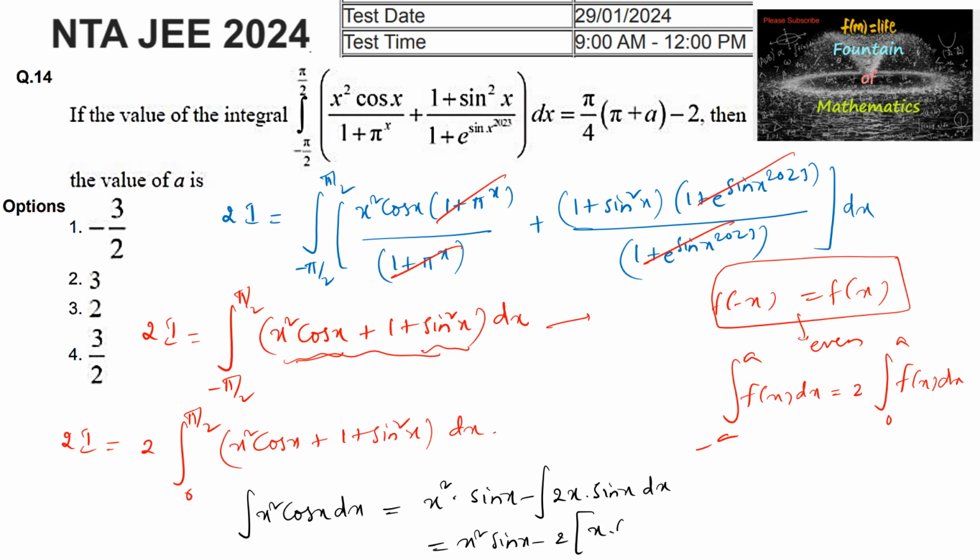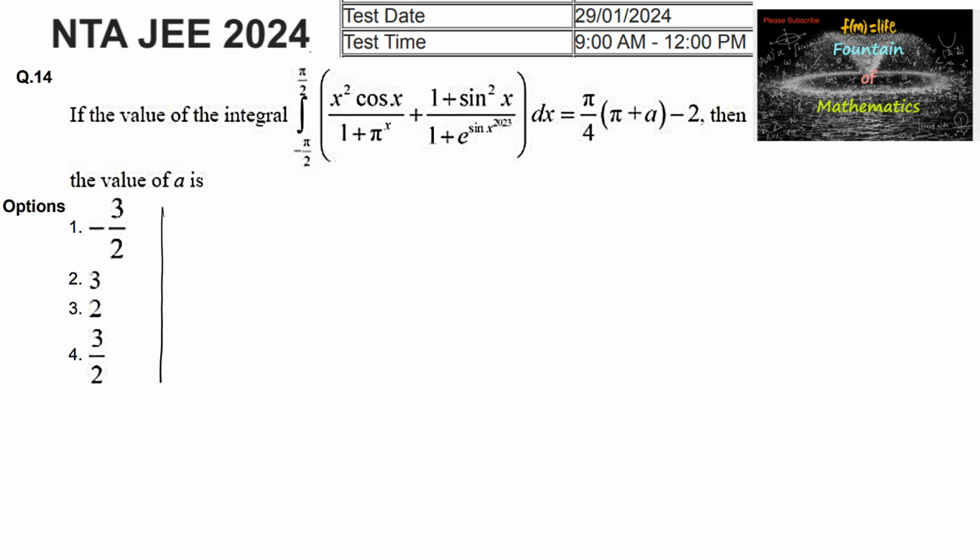So we can write x into integration of sin x is minus cos x minus integral of differentiation of x is 1 into integration of sin x is minus cos x dx. So we get integral x square cos x dx is equal to x square sin x, again minus of minus plus 2x into cos x, and again minus into minus plus, again integration of cos x is sin x, so minus again 2 times sin x plus some constant c1.